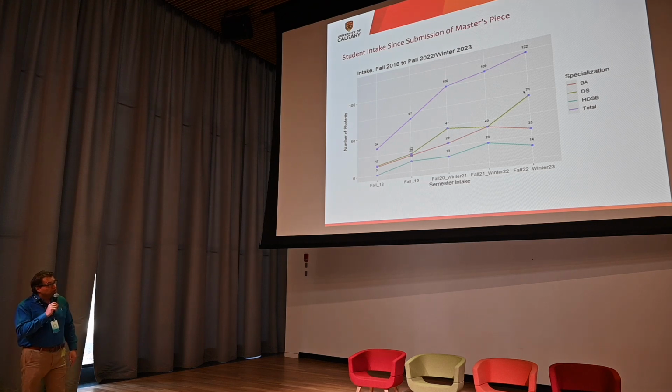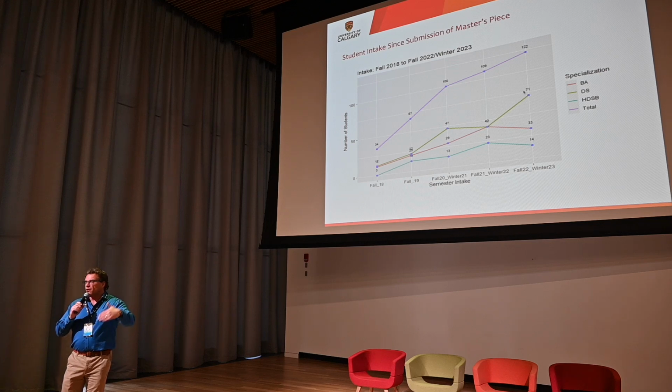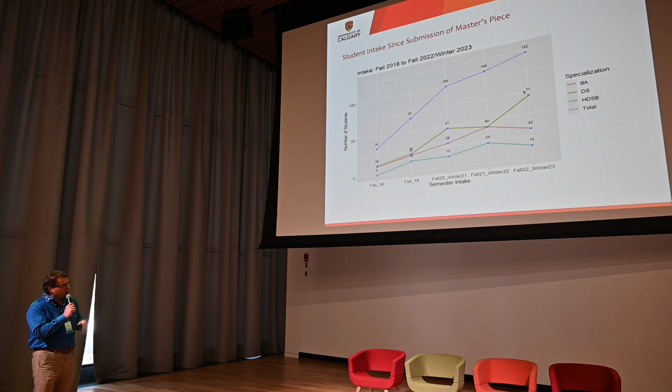In winter 21, winter 22, winter 23, we typically have a fall intake, and we run them through the certificate in the fall, and then one of the 3 diplomas in the winter. But in winter 21, winter 22, and this past winter, winter 23, we did have a winter intake.